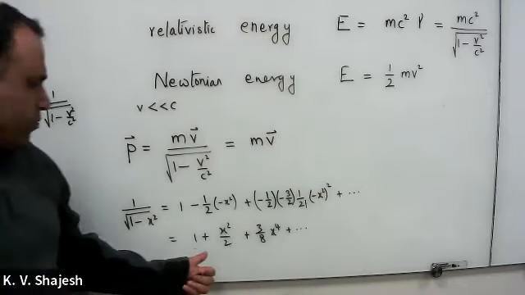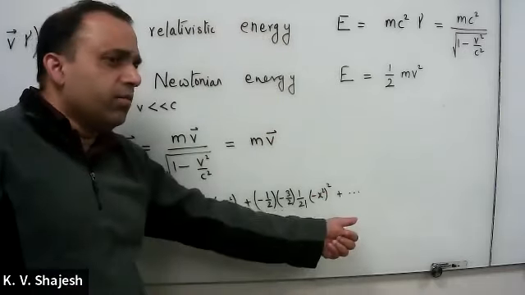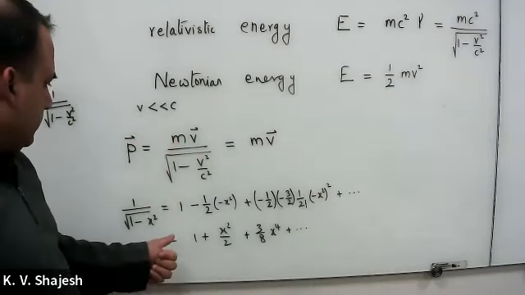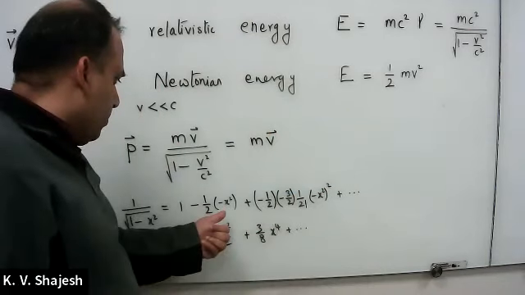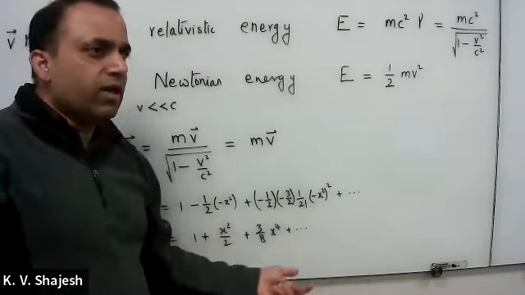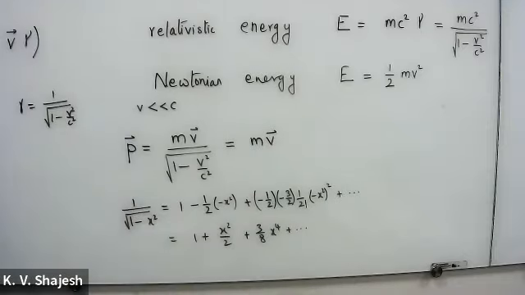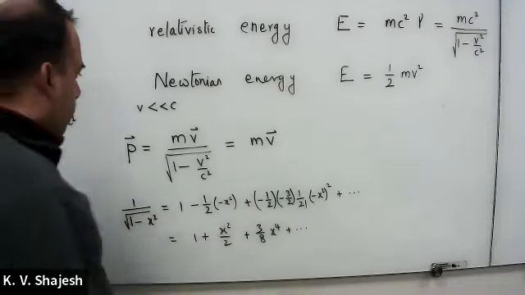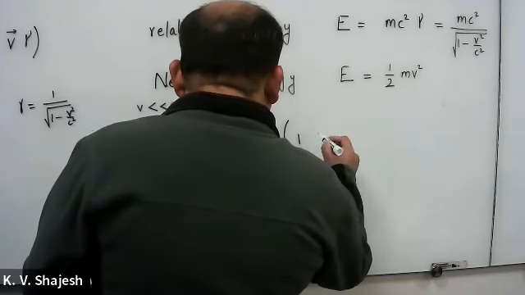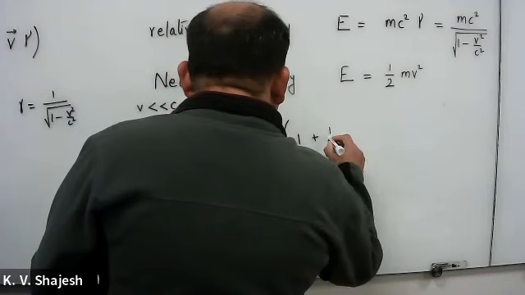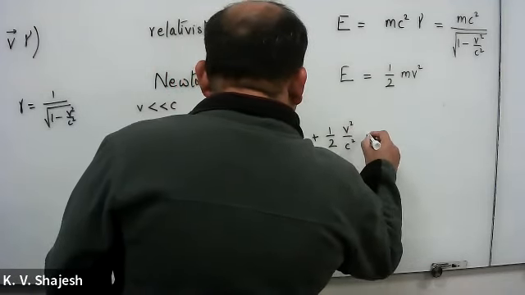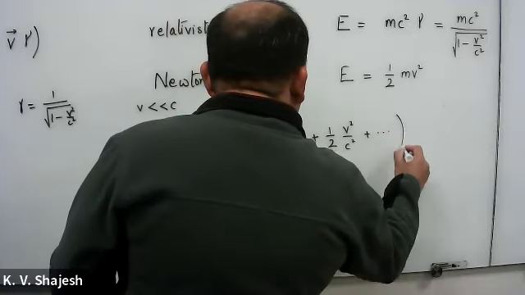So if I want more accuracy, I keep more terms. Even when v is very close to c, the series is not completely correct, but if you want more accuracy, keep going. The more terms you keep, the more accurate you are. So it's a controlled approximation in that sense. So that's equal to 1 plus 1 by 2 times v over c squared plus higher terms.